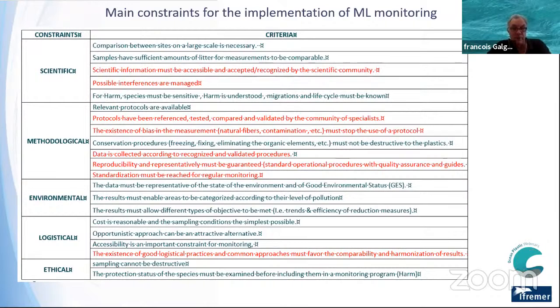Logistical means it's quite complicated to monitor the deep seafloor if you want to go on a regular basis and try to count, for instance, the type of macrolitter. Then you will need important means to do that, and it could be high cost and then limiting the monitoring. Ethical also, the sampling cannot be destructive.